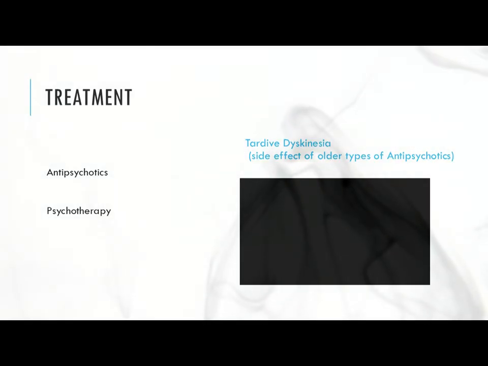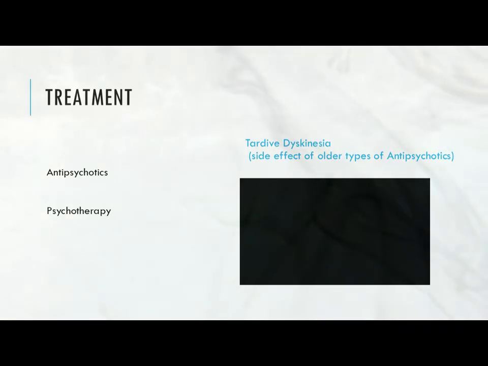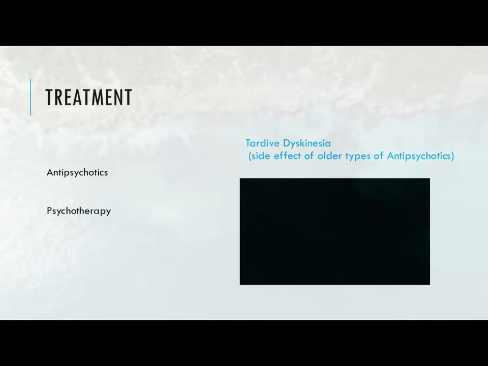One of the parts of the brain that they impact is the extrapyramidal neurons, which then causes extrapyramidal side effects. Now, extrapyramidal neurons are really involved in muscle movement. So you end up with something called tardive dyskinesia, where you have random involuntary facial movements, or you end up with muscle stiffness or tremors because these extrapyramidal neurons are being damaged.